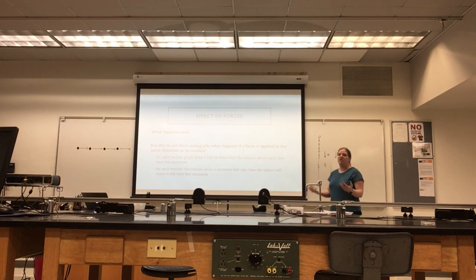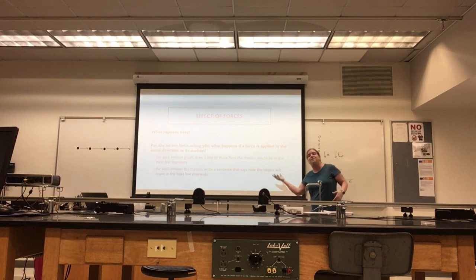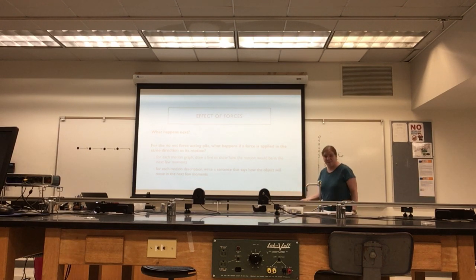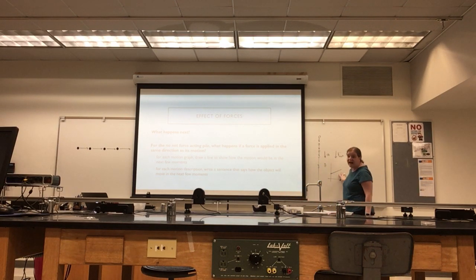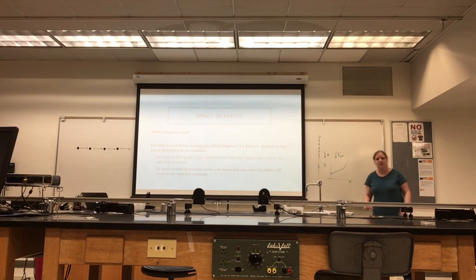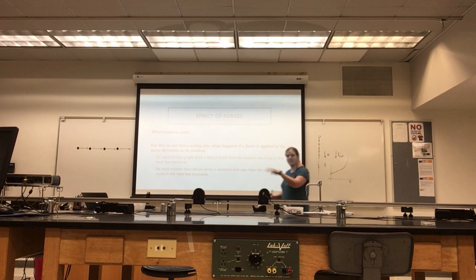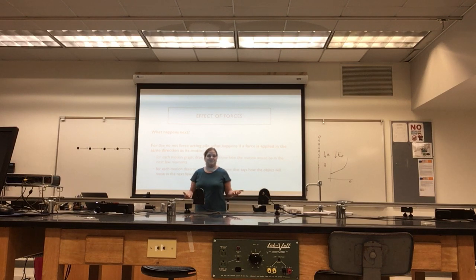We have an acceleration in the positive direction because our net force is in the positive direction. That means we will speed up. The way we see that on a graph is the slope gets steeper. So this will turn into a very steep line. It'll go from relatively flat to very steep. We got faster. Okay?